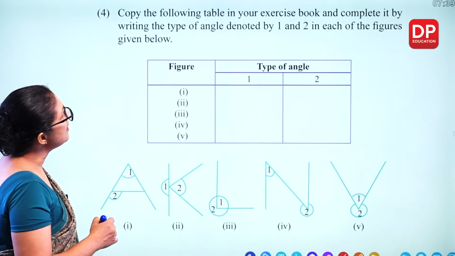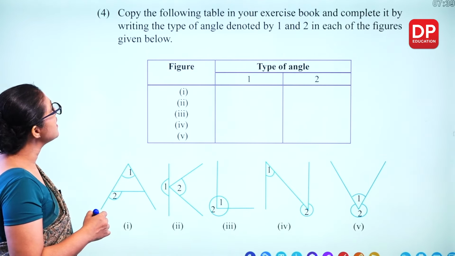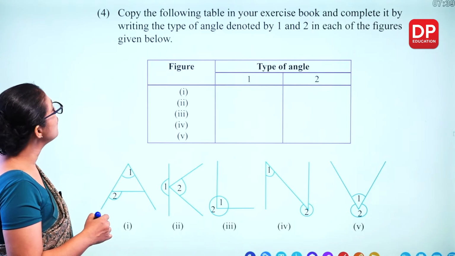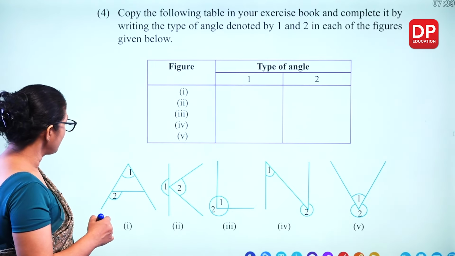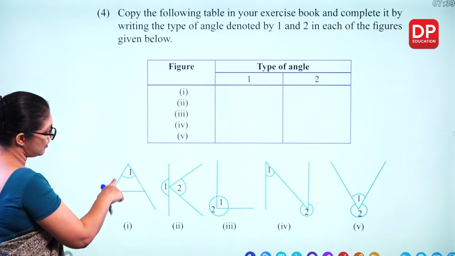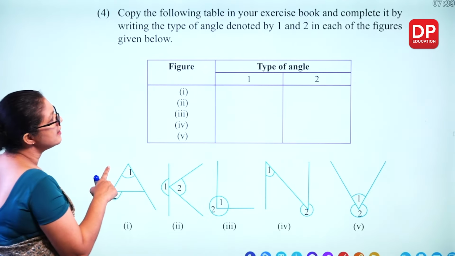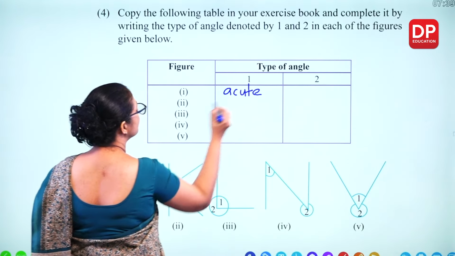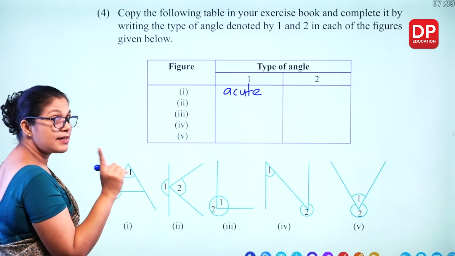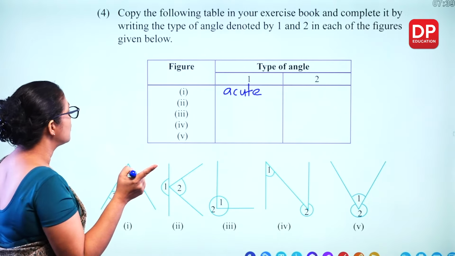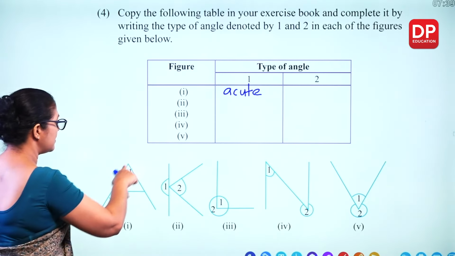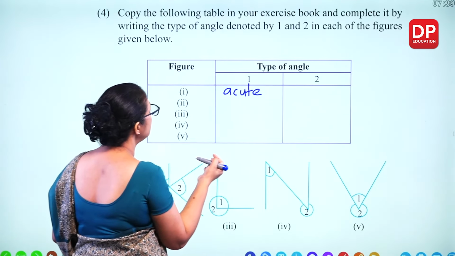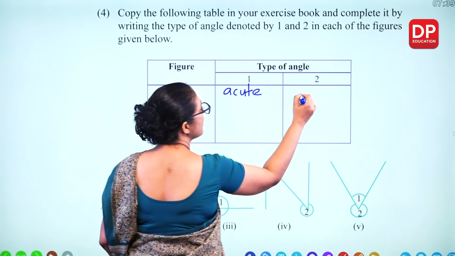Copy the following table in your exercise book and complete it by writing the type of angle denoted by 1 and 2 in each of the figures given below. First one, smaller than a right angle, so you can write this is acute. 2, more than a right angle, so you get obtuse angle there.